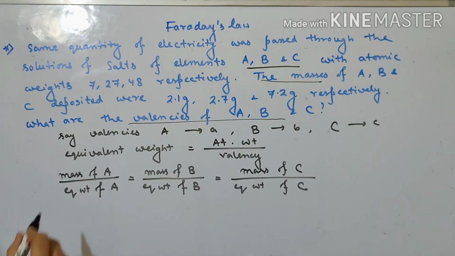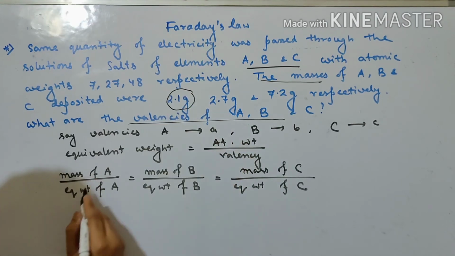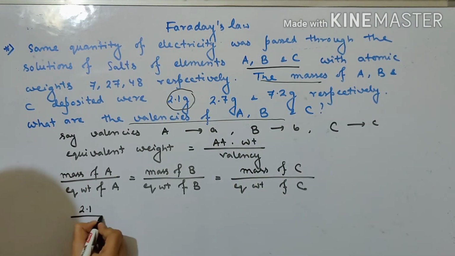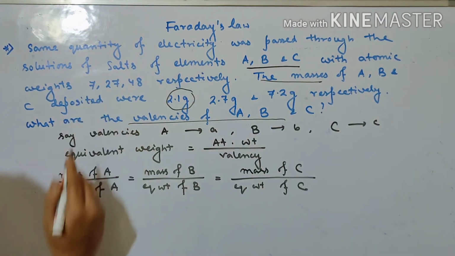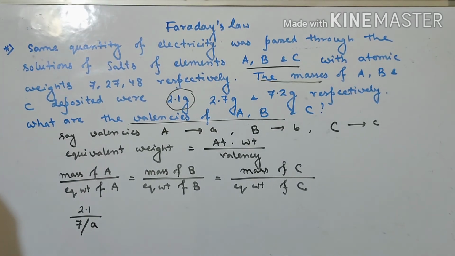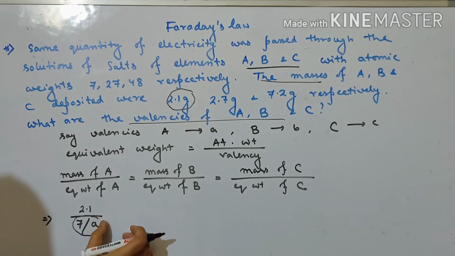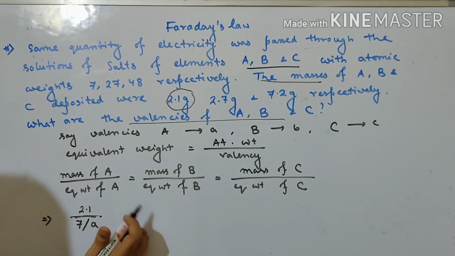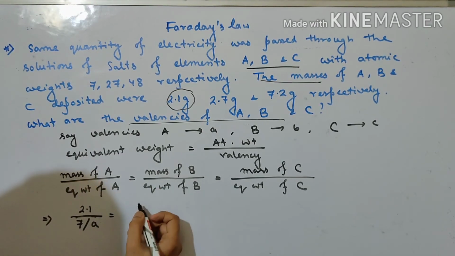Now one by one. Mass of A, how much is deposited? 2.1 gram. So I am writing 2.1 divided by equivalent weight of A, that is atomic weight 7 divided by valency, which we have chosen as a. I hope you are getting my point. This part is the equivalent weight, is equal to mass of B. How much?